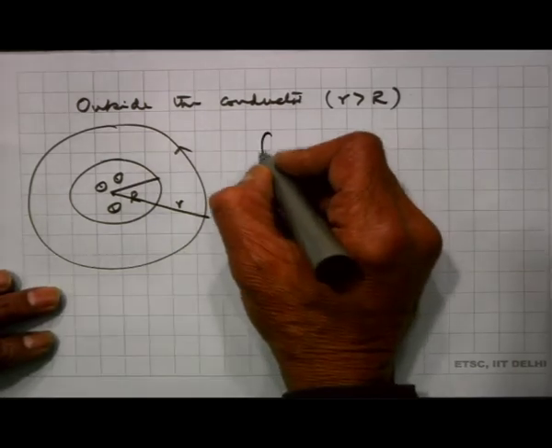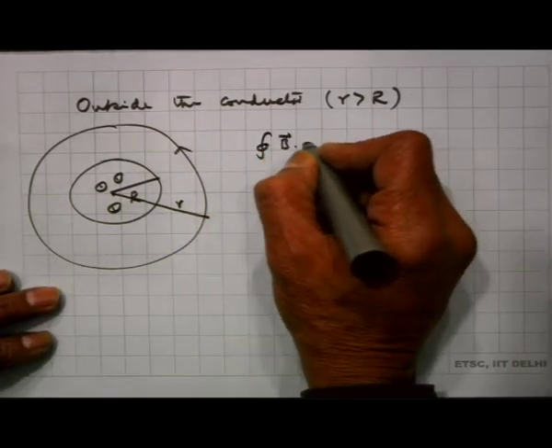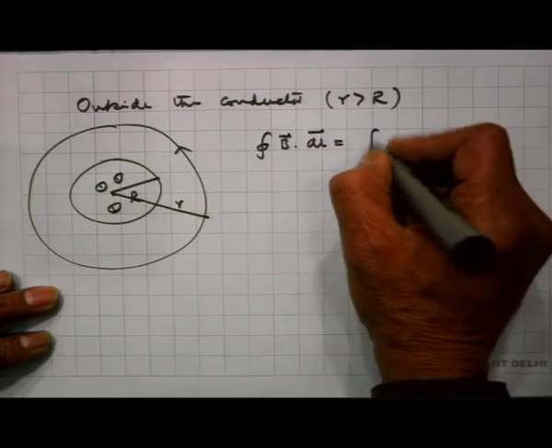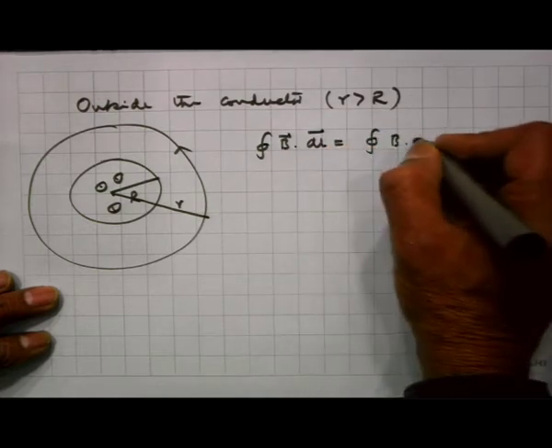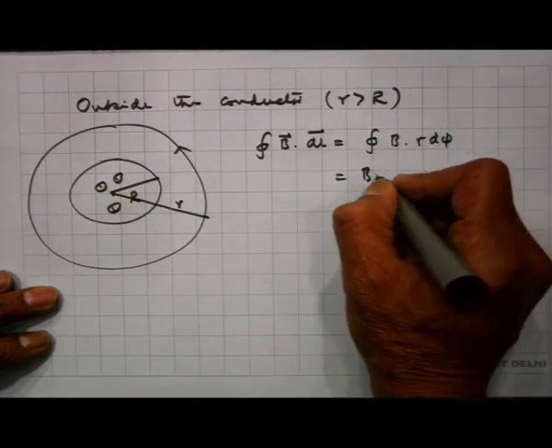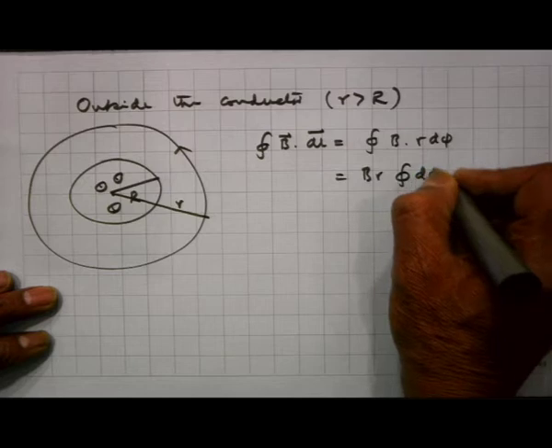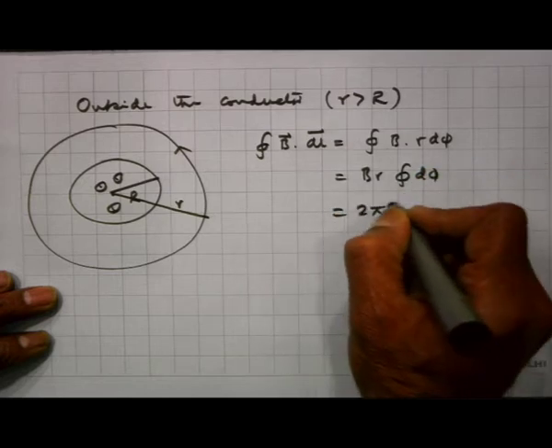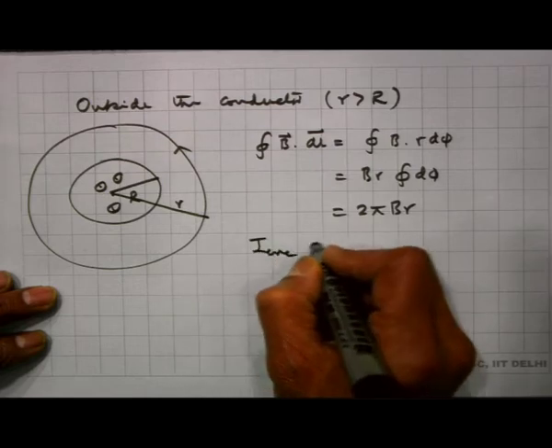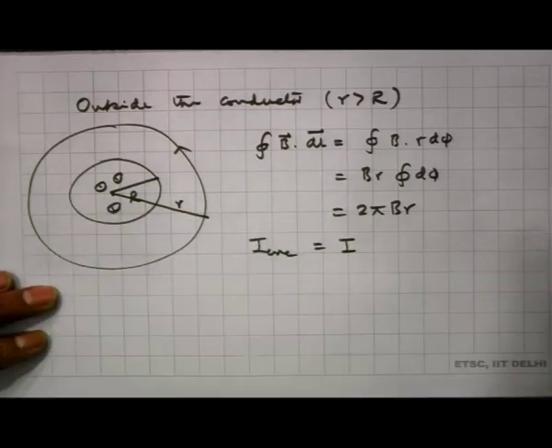That again tells me the integral B dot dl is equal to integral B r d phi, which is equal to B times r times integral d phi, which is equal to 2 pi B times r. And the current enclosed is nothing but I, the total current carried by the conductor.